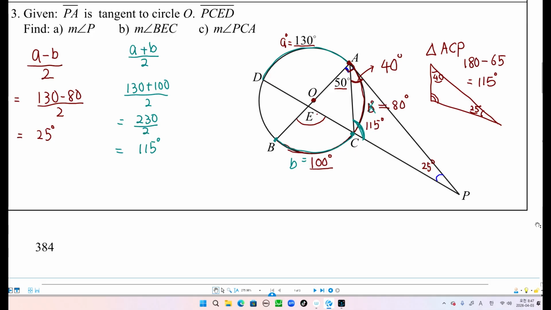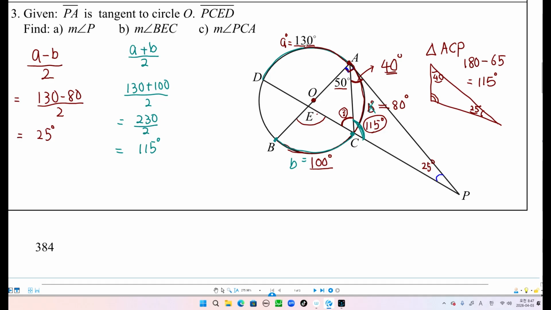Okay, yesterday we finished 384, but I forgot to say one thing. To find this angle, 115, maybe you can find it from this angle, right? So we use this angle to find 115. You can use this angle too. This angle is an inscribed angle.